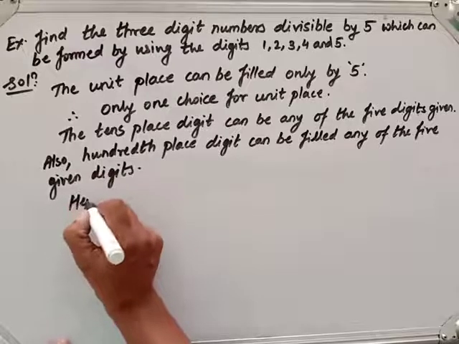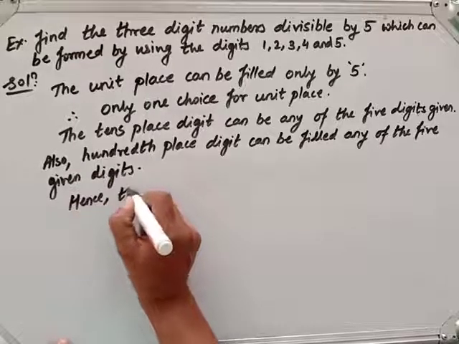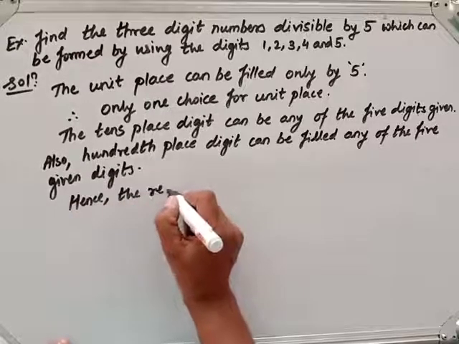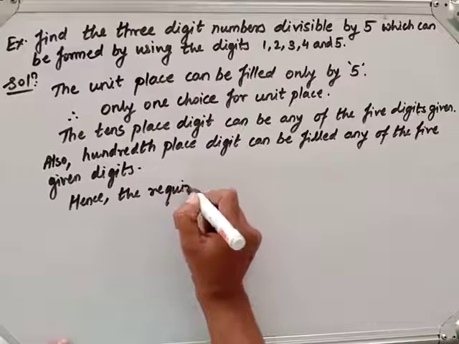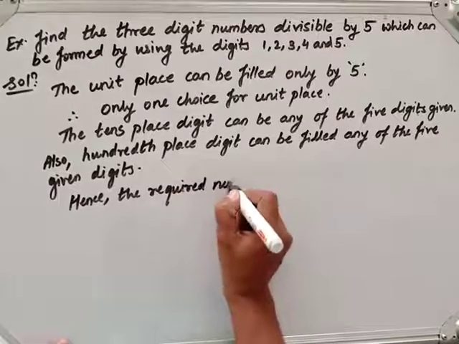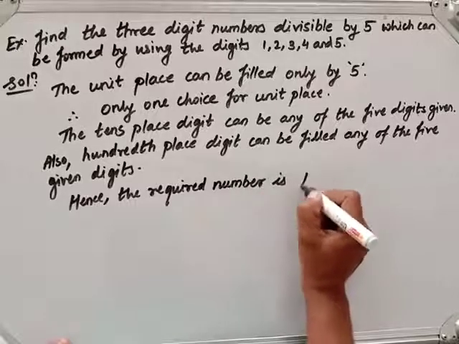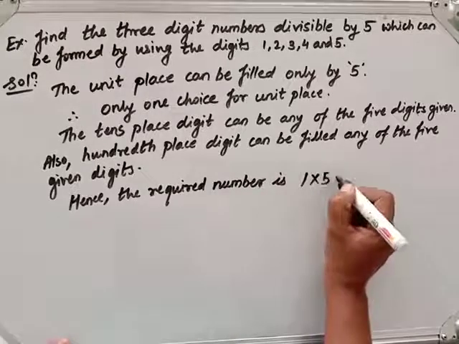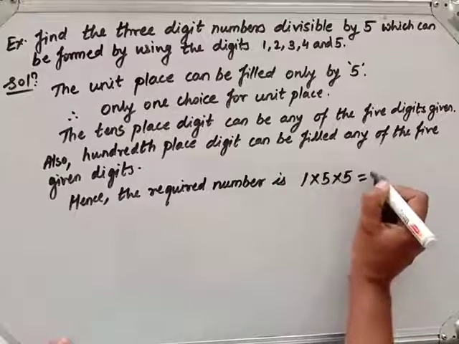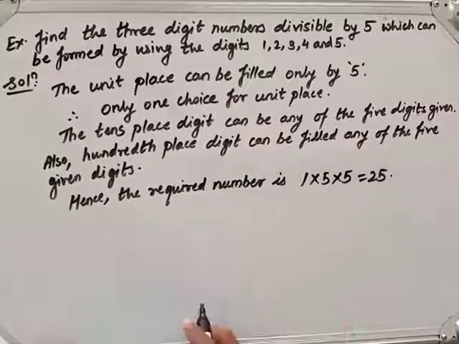Hence the required number is 1 multiplied by 5 multiplied by 5. So there are a total of 25 choices.